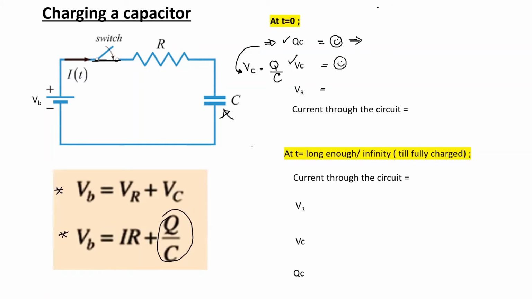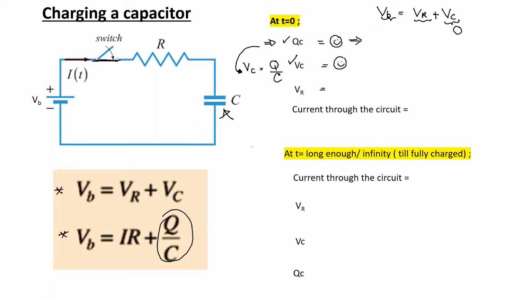So if I rewrite the equation, we know voltage of the battery is given by voltage of the resistor plus voltage of the capacitor, right? So we figured out at t equals 0, voltage across the capacitor is 0. So if that is the case, what is the voltage across the resistor? It is completely VB, right?